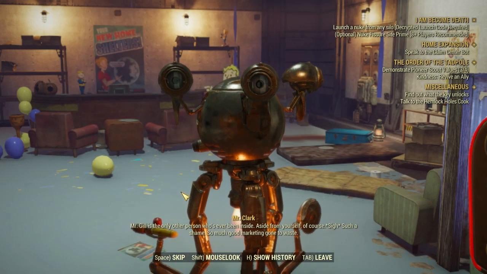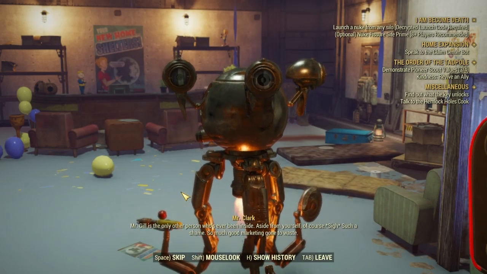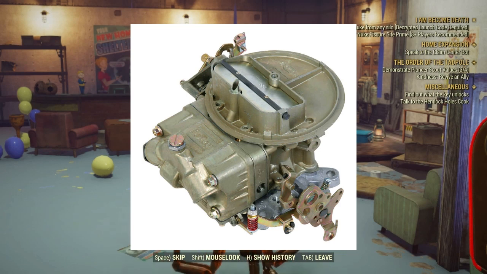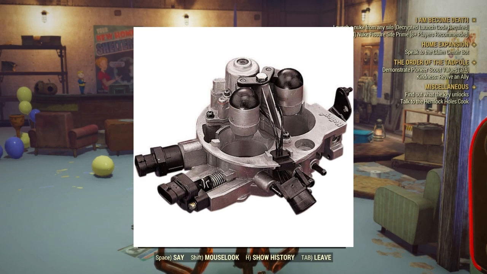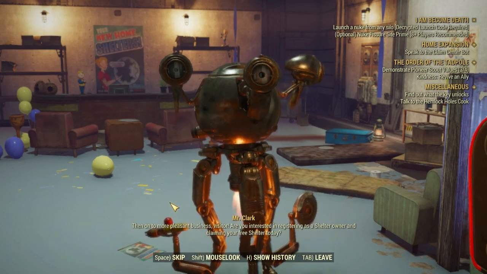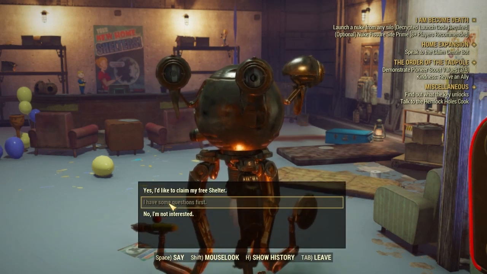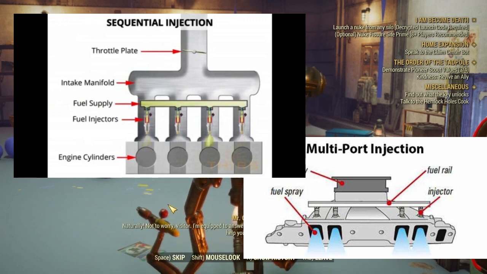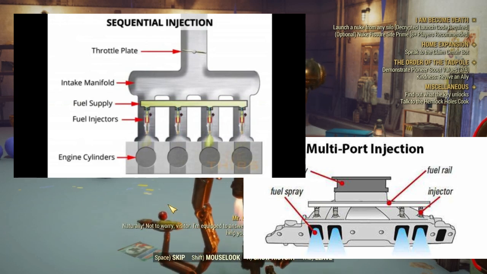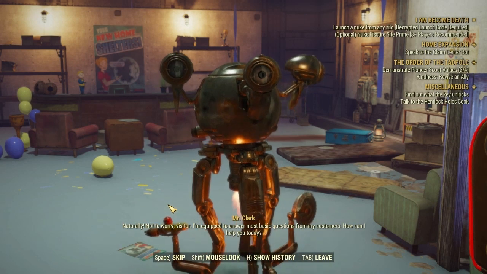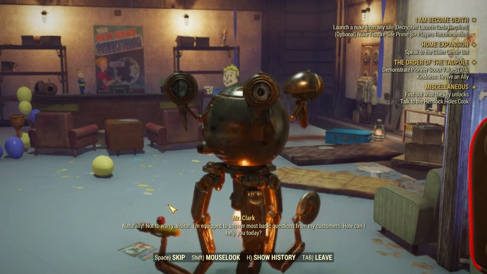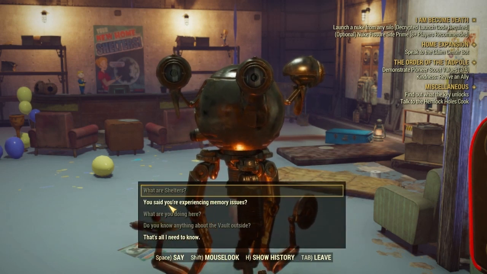So to recap this whole section, you have carburetors, which we started out with. Then we went to electronic fuel injection, or EFI, which was an electronic carburetor. From there, we went to sequential or multi-port fuel injection, either multiple injectors or a cluster of them, distributing all the gas to all the cylinders.